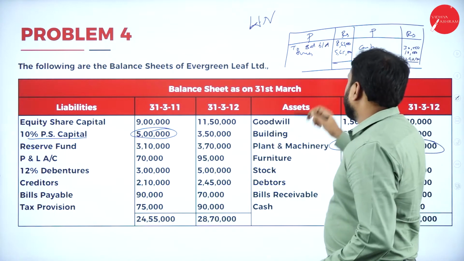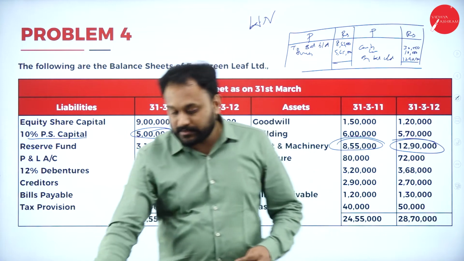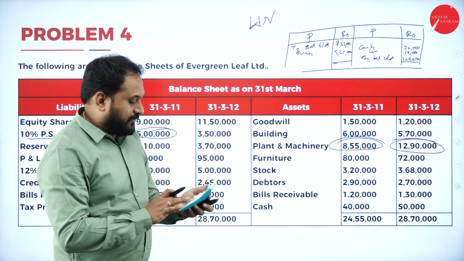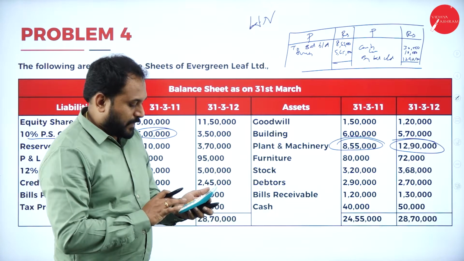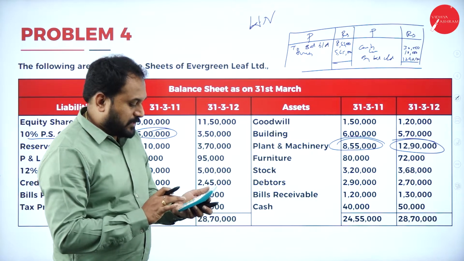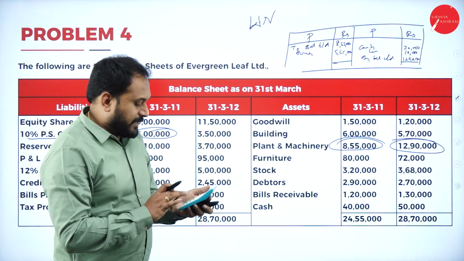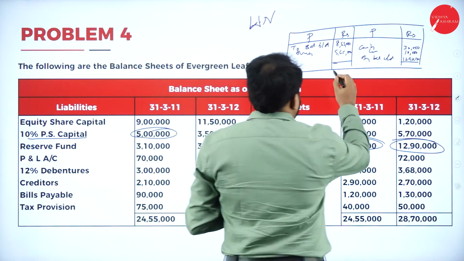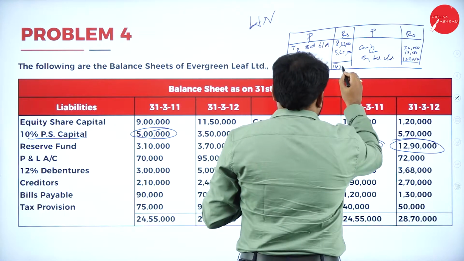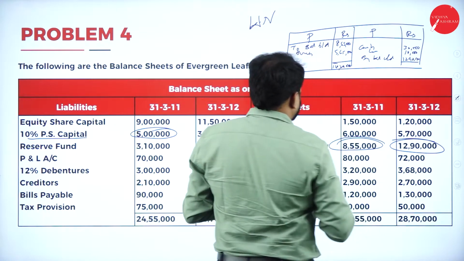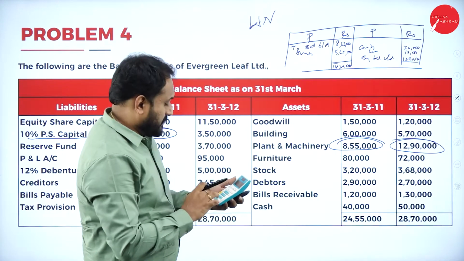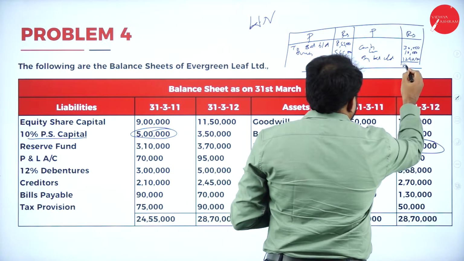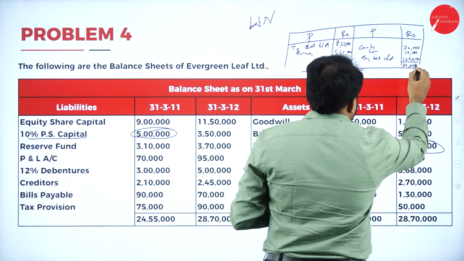Now we need to calculate, that is 8,55,000. I'll take the calculator here. So we have 8,55,000 plus 5,65,000 is equal to 14,20,000. So I'll write here 14,20,000. Now you need to add here also, 14,20,000 you should write.